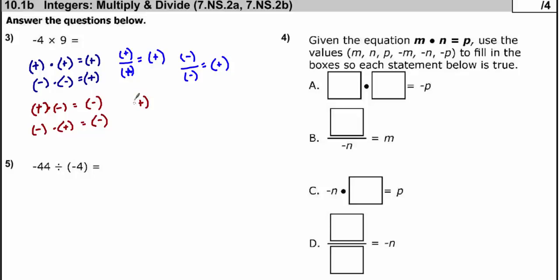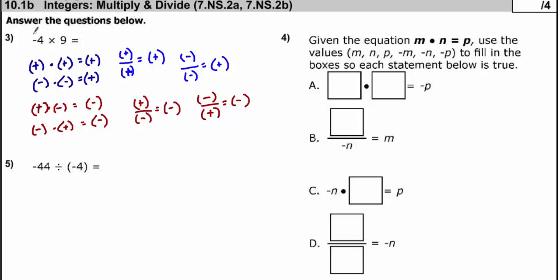Same thing here. If you have a positive divided by a negative, that's going to be negative. And a negative divided by a positive also going to be negative. Same signs in multiplication or division, positive answer, different signs, negative answer.